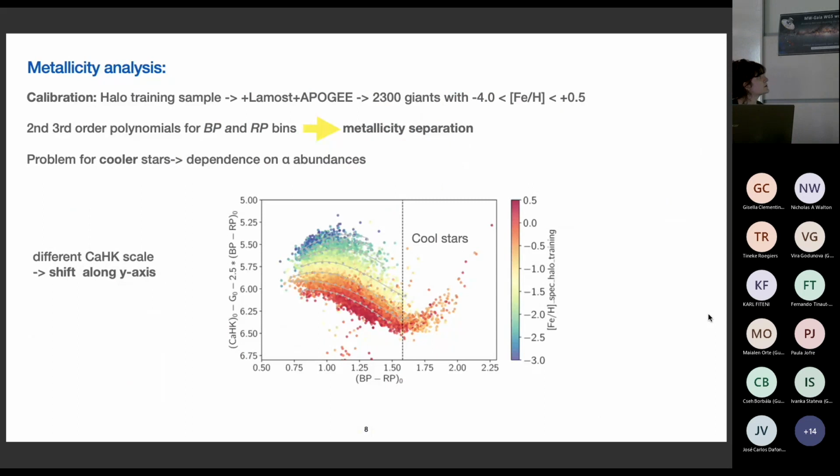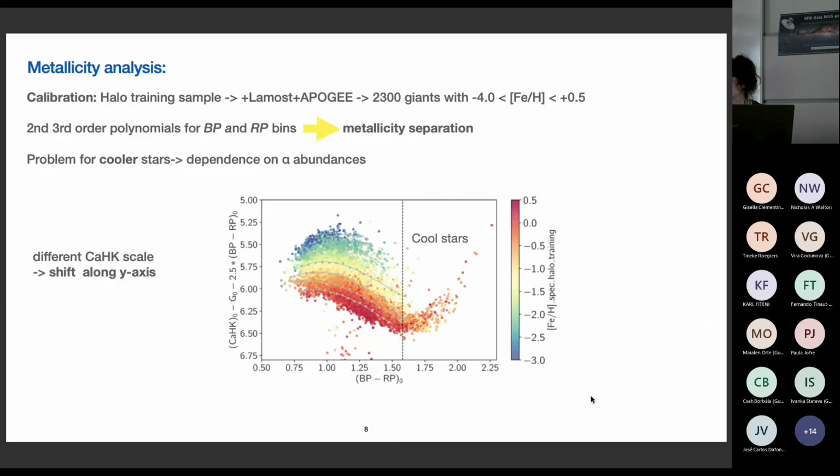To perform our metallicity analysis, we used a halo calibration sample that was built for the main Pristine survey, so it was basically built for halo stars, and carefully built to contain very metal poor stars, but to which we also added APOGEE metallicities, and from which we just selected giant stars, because our Sagittarius sample is composed of giants.